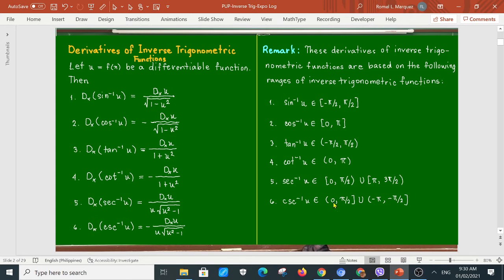Okay? So again, these formulas are based on the following ranges of inverse trigonometric functions.